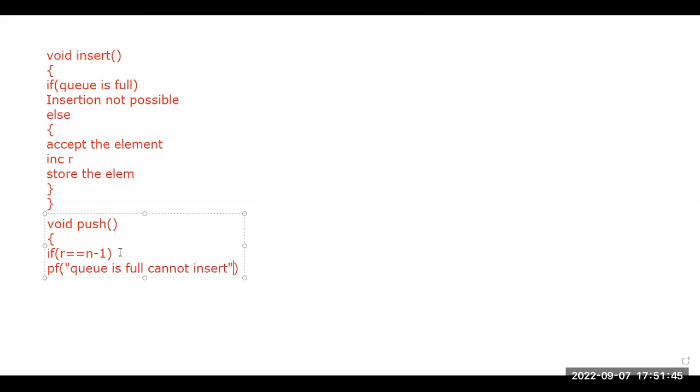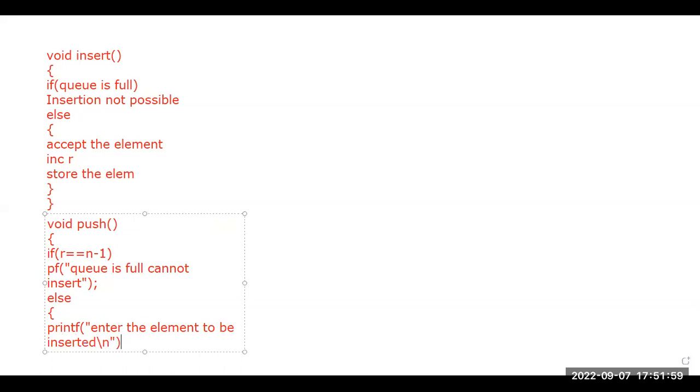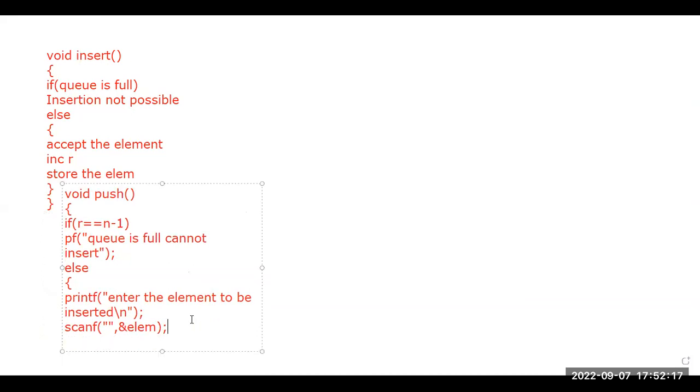Yes. In else part, what I should write? Printf, enter the element to be inserted \n and then scanf, accept the element, that is, comma, ampersand element. And then what I should do after accepting the element?